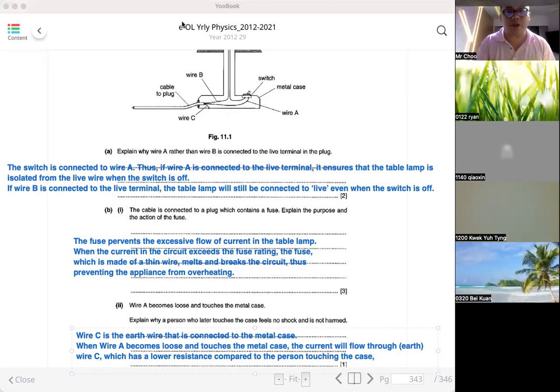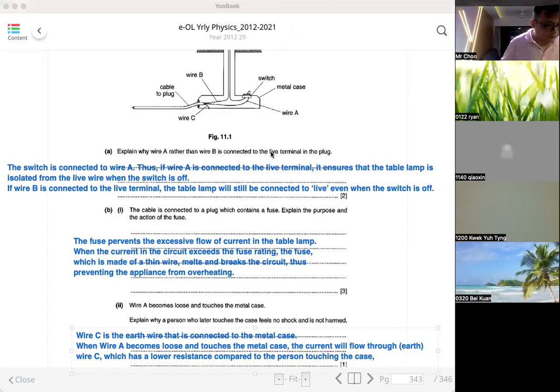Are you clear about this concept now? If you are clear, give me a yes reaction. Okay, Pei Kwan, how are you? Ryan, are you there?